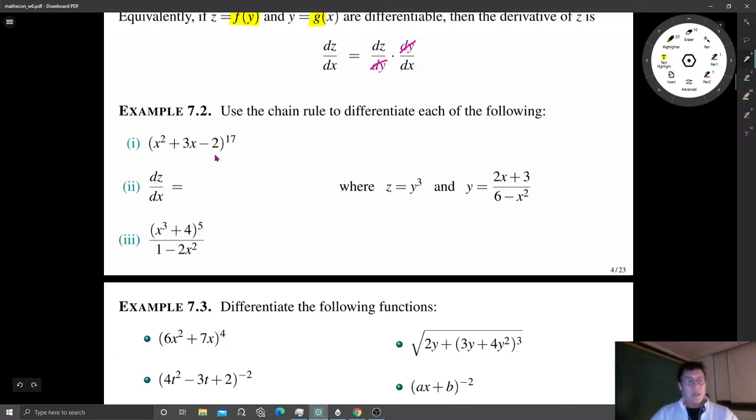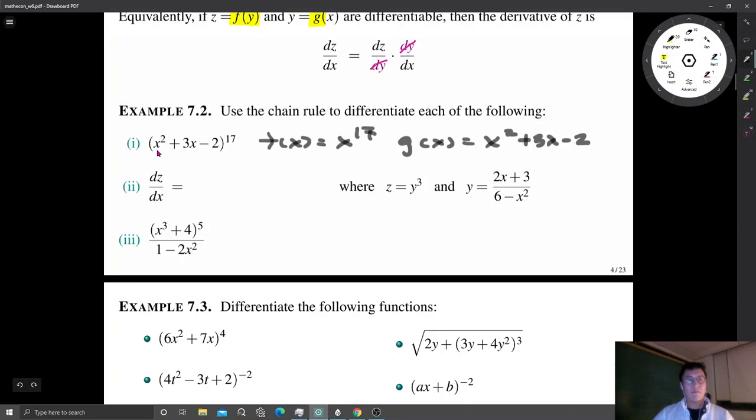The first example can be regarded as a composition where the outer function is x to the power 17, so f of x is x to the power 17, and the inner function g is the expression in the parentheses, x squared plus 3x minus 2. So this is nothing but f of g of x. This outer function f has g of x as the input.